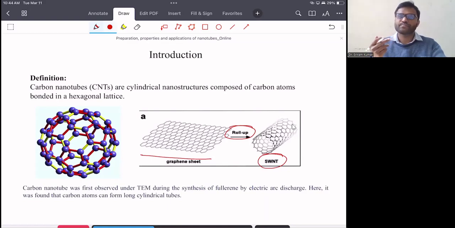Whether you have a single wall CNT or a multi-wall CNT depends on how many graphene sheets you roll up to make the CNT.